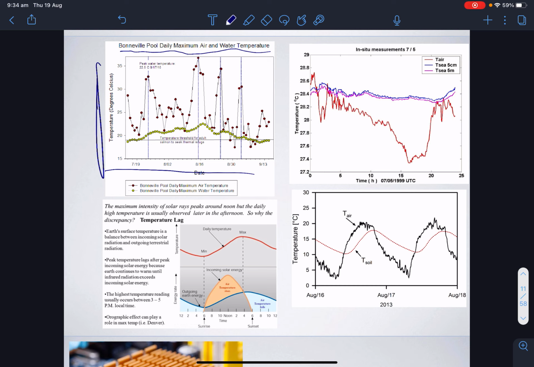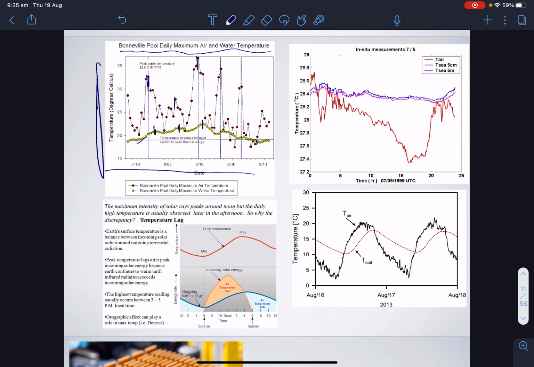The pool temperature is the green dots, and you can see that fluctuates a little bit, and the air temperature is the red dots, and you can see that fluctuates quite a lot. It's hot, cold, or day, night kind of thing. You might be able to see that the peaks are slightly offset. And that's what I'm getting at here too.